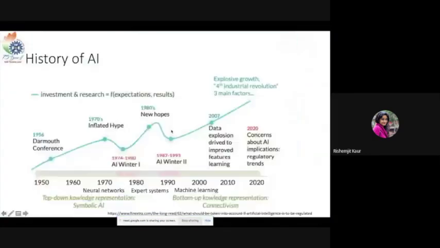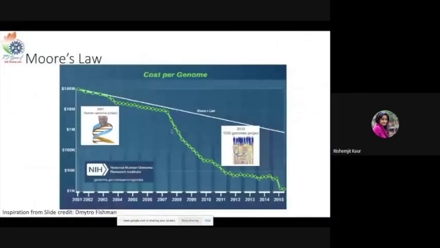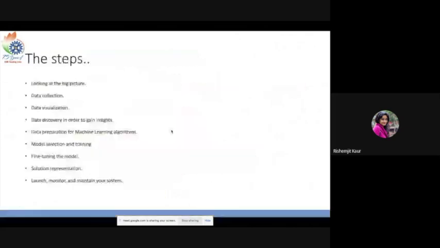Yeah. So we have seen almost all of the steps, looking at the big picture: data collection, visualization, data discovery, data preparation, where we did the scaling and everything.